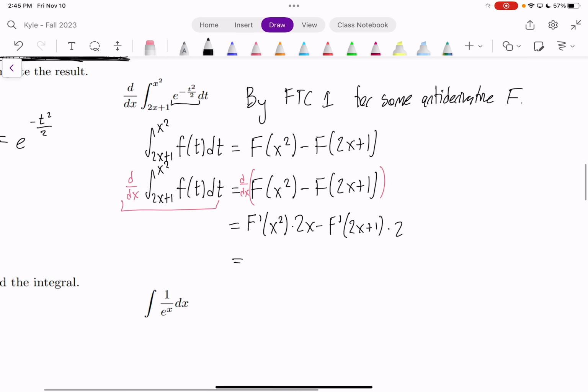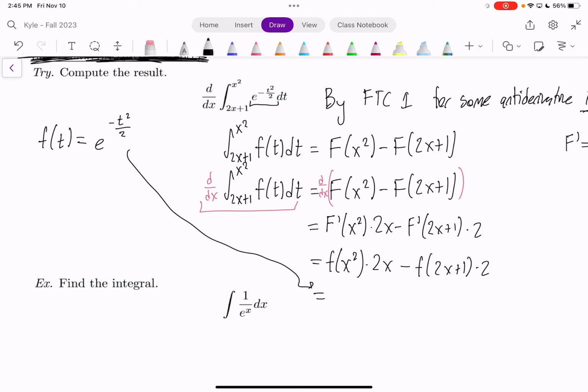So all we're going to do here is sub in our values of small f right into this equation here, and we should get e to the negative x squared squared over 2 times 2x minus e to the negative 2x plus 1 squared over 2 times 2.